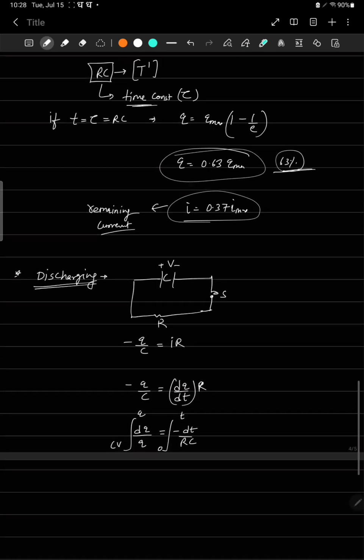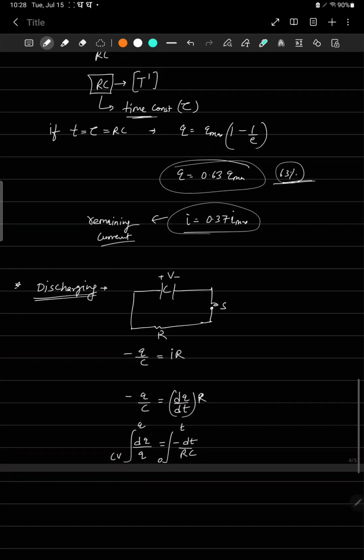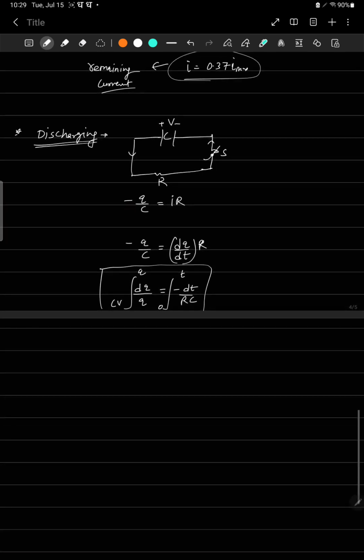So this will be a homework question now. I explained everything in the case of charging. Now I'm giving this as homework, as self practice, that you try to do this question and find the expression of charge and current.